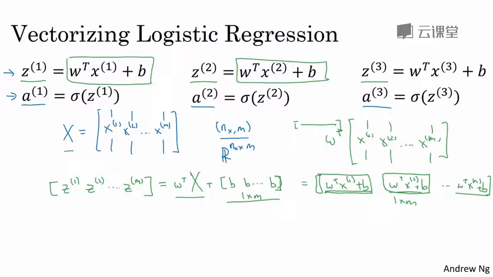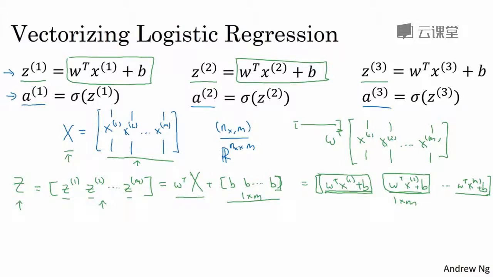So just as X was what you obtained when you took your training examples and stacked them horizontally next to each other, I'm going to define capital Z to be this, where you take the lowercase z's and stack them horizontally. When you stack the lowercase x's corresponding to different training examples horizontally, you get this variable capital X. In the same way, when you stack these lowercase z variables horizontally, you get this variable, which I'm going to denote capital Z.